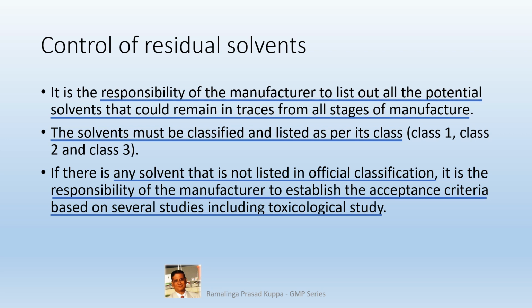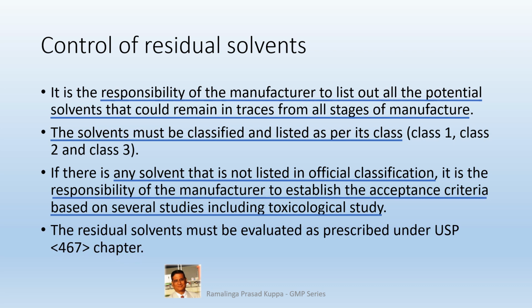This is important. It is necessary to evaluate the toxicity of the solvent that is not listed in the defined classes. Acceptance criteria should be based on all these factors. The residual solvents must be evaluated as prescribed under USP 467 chapter. As said in the previous slide, you have to use this chapter for evaluation.